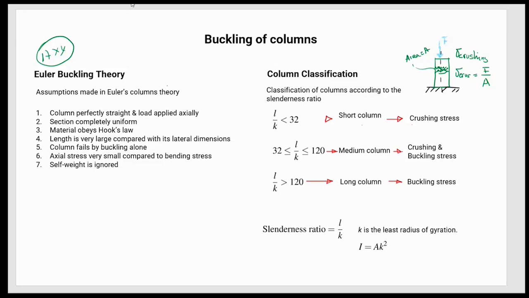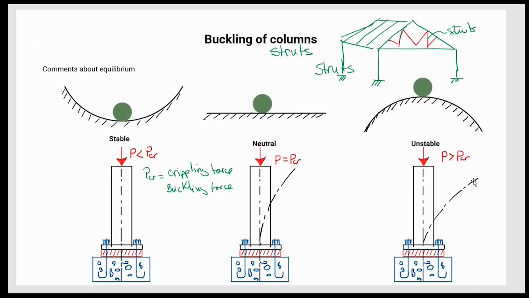When you are in the presence of medium columns, there is a decision to make: it might fail by crushing and it might fail by buckling stress. Buckling stress is the stress created when the column deforms in this way.